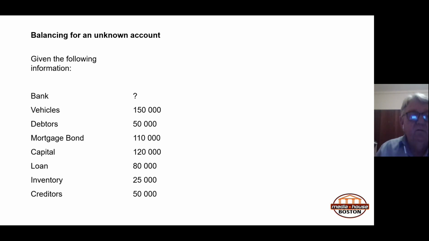Loan is a liability. Inventory is an asset. And creditors is a liability. So once we've added these, we have classified them in terms of where they belong. Now we can do the following.